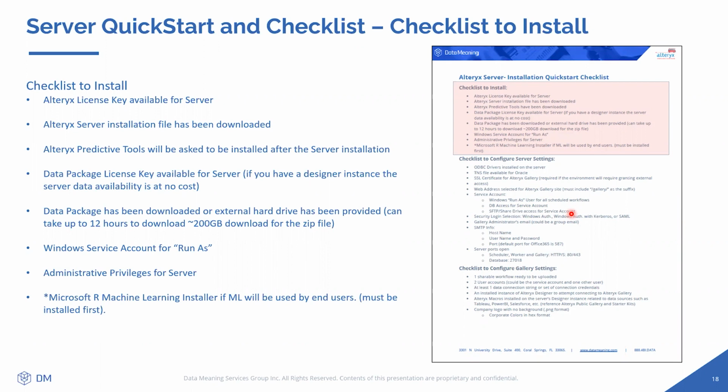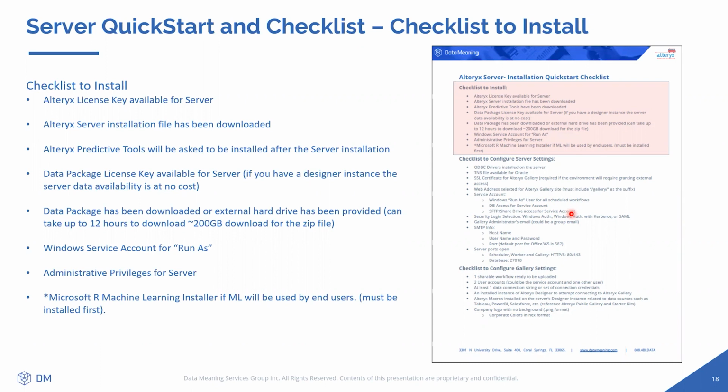You need to, of course, download the server installation file. You can go to licenses.alteryx.com or downloads.alteryx.com and then download from there. The Alteryx predictive tools will be asked to be installed after the server installation.